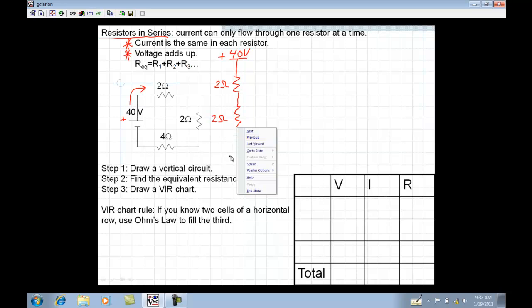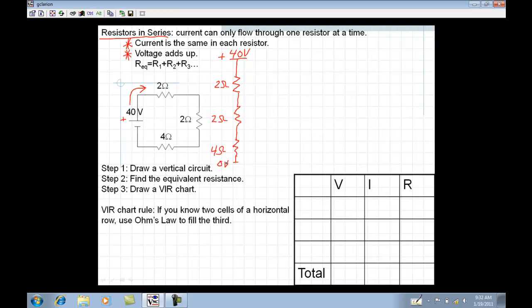We can just say 4 ohm. So more wire, then a 4 ohm resistor, then back to the battery. When it gets to this point of the battery, the voltage has gone down to 0 volts. We always end up with 0 volts when we get back to the battery.